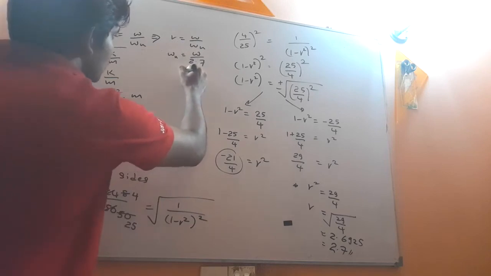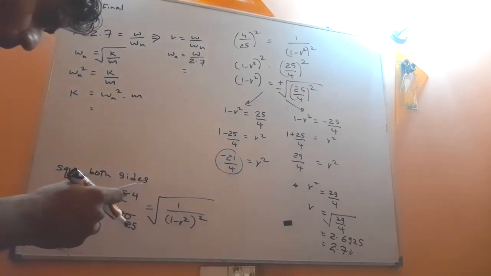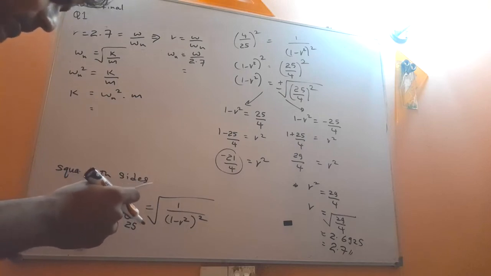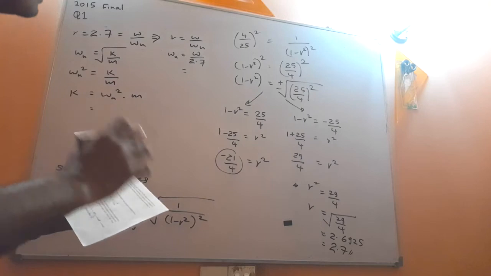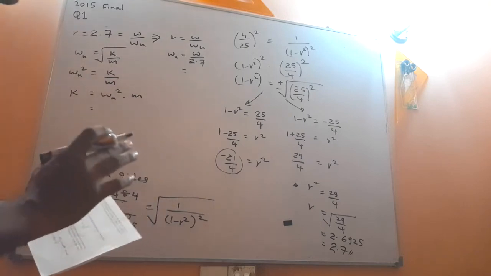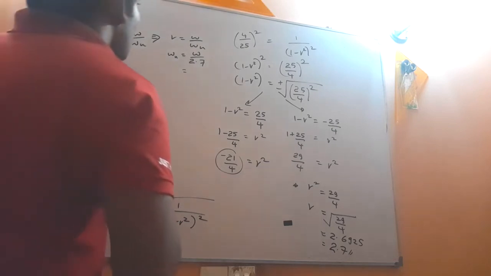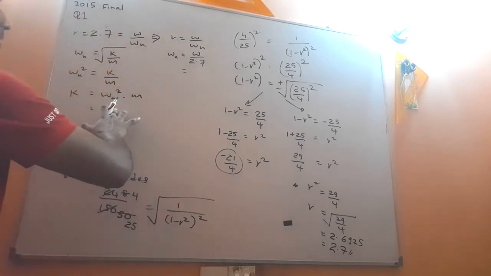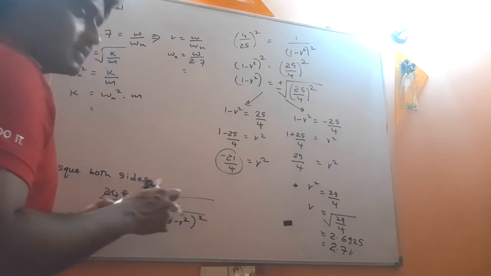So what is omega? In this problem they have given omega. See, a machine of mass 1000 kilogram operating at a speed of 1500 revolutions per minute. That means we know the rpm, given as 1500 revolutions per minute.